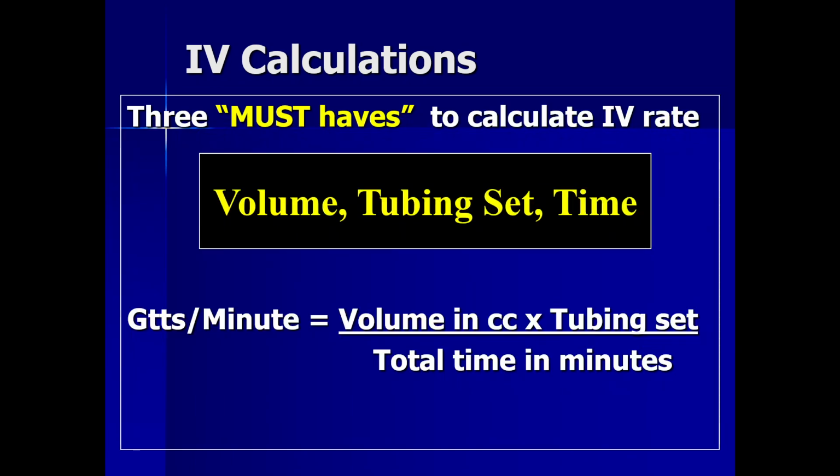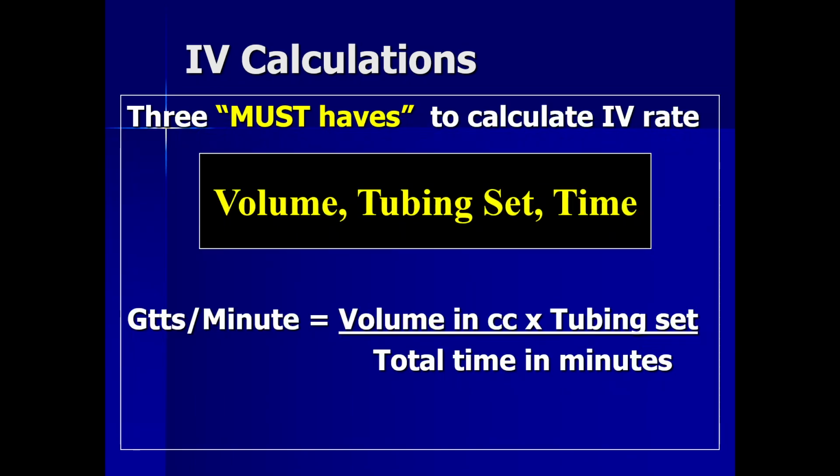So if you had a question that read something like, which of the following would be the proper drip rate for a 10 cc per kilogram infusion of a 4 kilogram neonate using a 15 drop set over a 15-minute time frame? Let's figure out what we're going to have to do first.